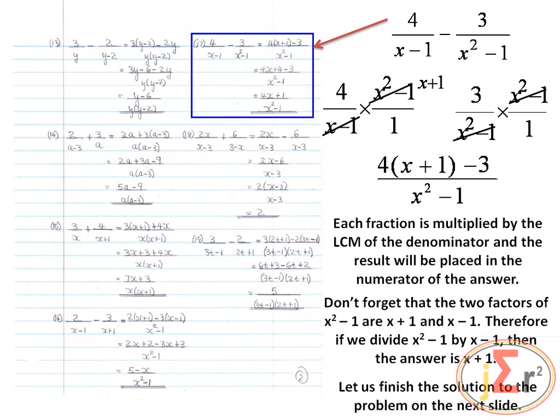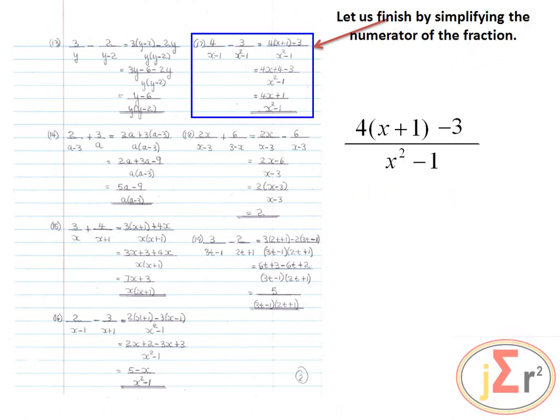Let us finish the solution to the problem on the next slide. There we have it. And we will, of course, simplify this by expanding these. So let us finish by simplifying the numerator of the fraction, and that will be done by what?